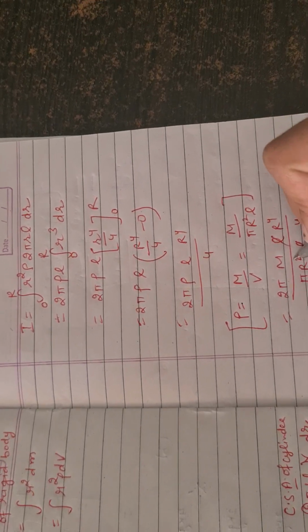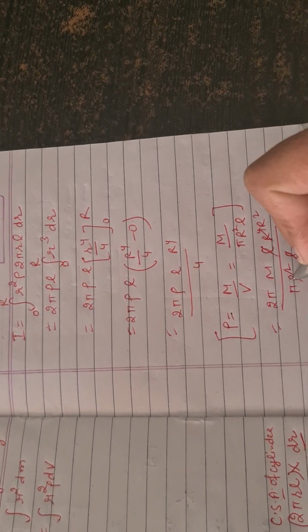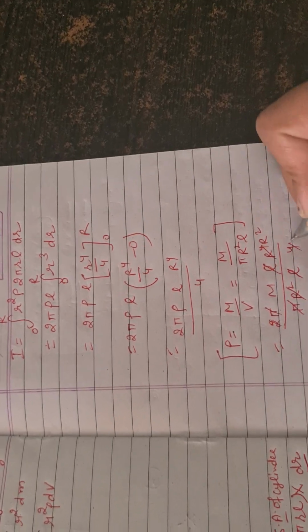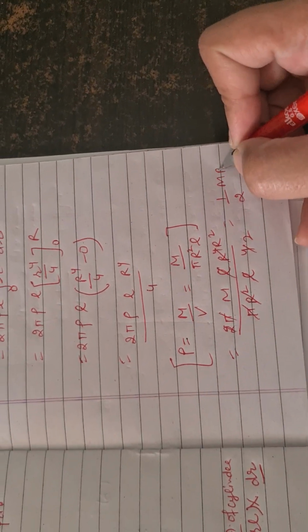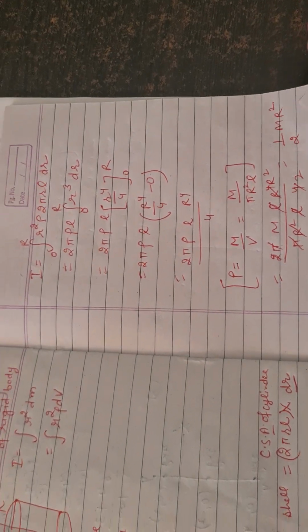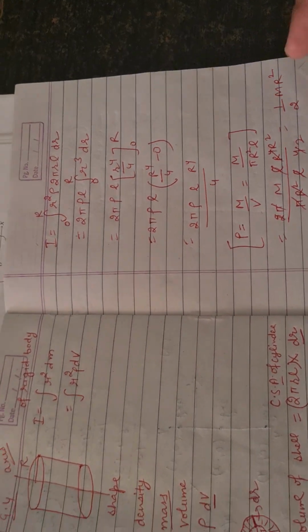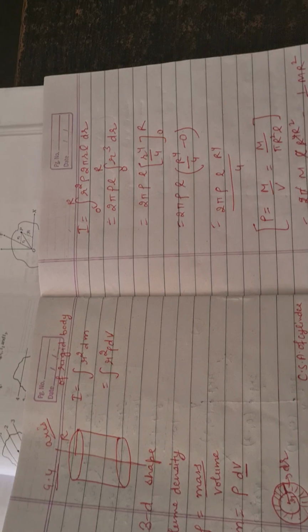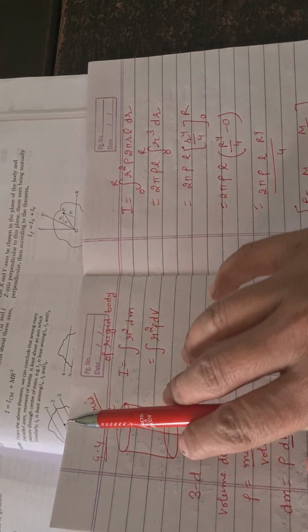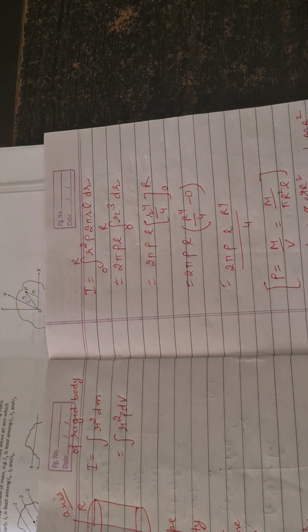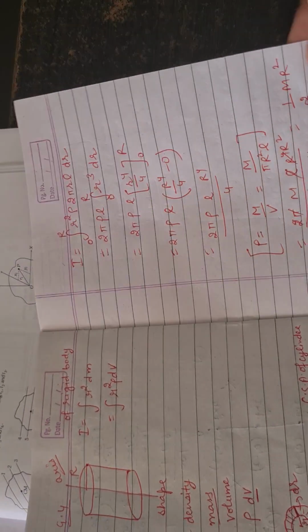This simplifies to 1 by 2 m R square. Actually, you should learn this fact: the cylinder's moment of inertia about an axis perpendicular to the base is 1 by 2 m R square.